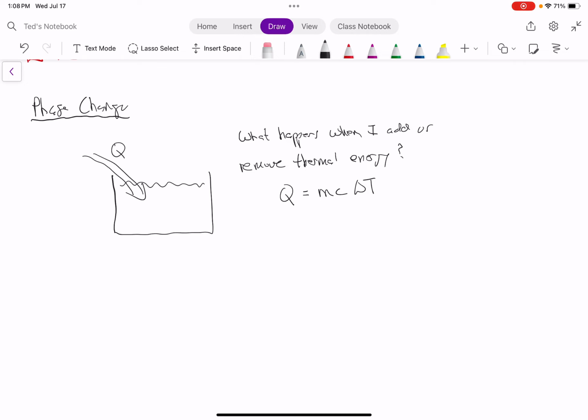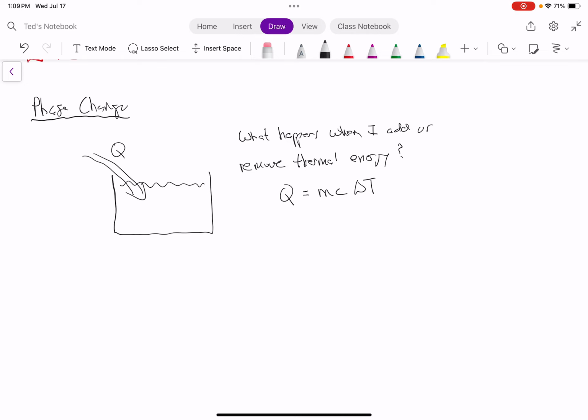Another thing that can happen is you could start boiling the water. The water can start changing phase, from a solid to a liquid, from a liquid to a gas, or in the other direction, from a gas to a liquid, or a liquid to a solid. And in that case, it also takes energy to cause the phase change.